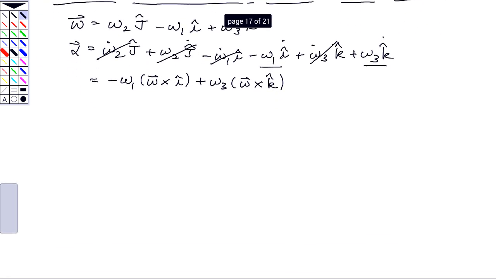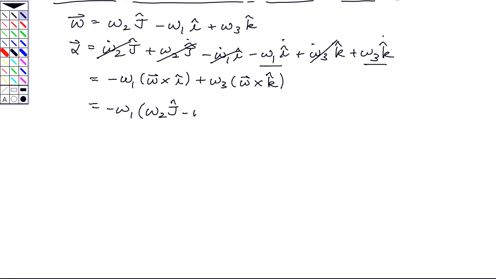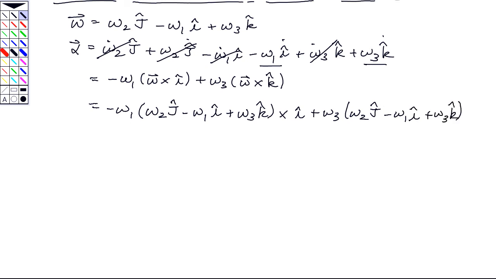We make a little room, and this becomes minus omega 1, and then here we just insert omega, so we've got omega 2 in the j minus omega 1 in the little I plus omega 3 in the k, and that's crossed with I. And then to that we add omega 3 and the same thing. Now we've got omega, so that's omega 2 in the j minus omega 1 in the I plus omega 3 in the k, and that's crossed with little k.